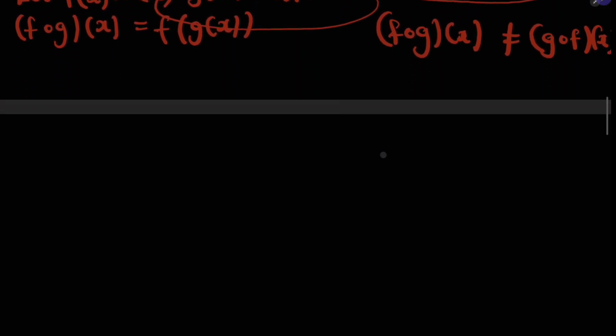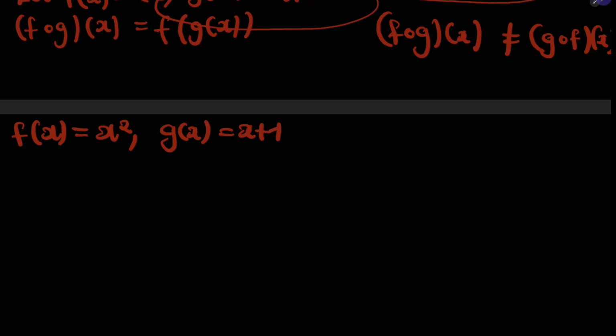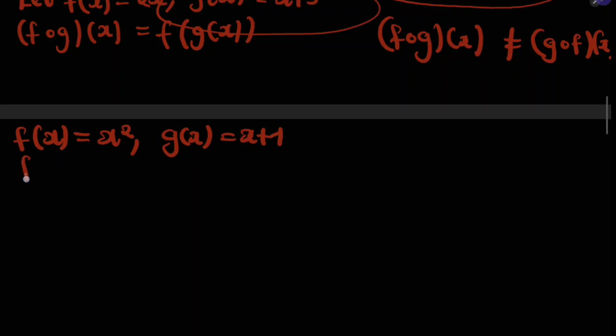So let's just have another quick example. Let's say f of x is equal to x squared and g of x is equal to x plus 1. Now let's find f of g of x and g of f of x.